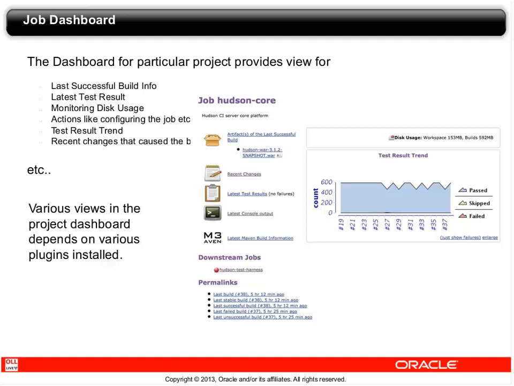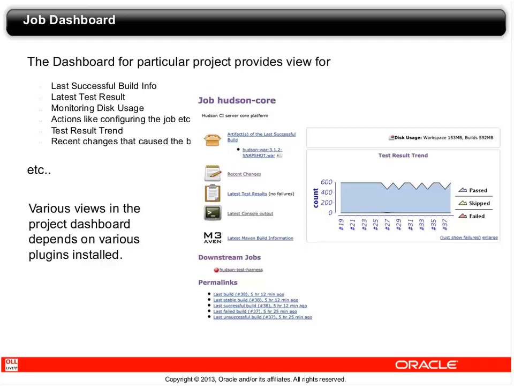In the job dashboard, you see plenty of things. On the leftmost side it displays the history, in the middle it displays most of the contents of the build, and on the rightmost it displays the trend.